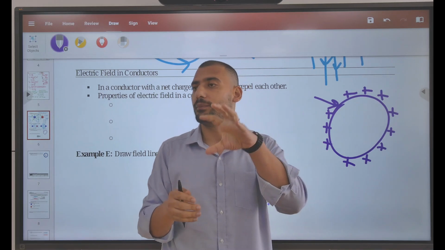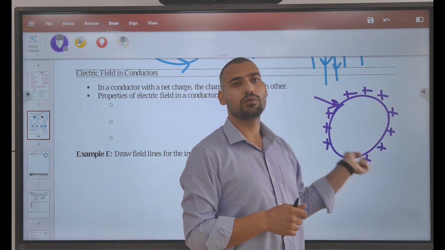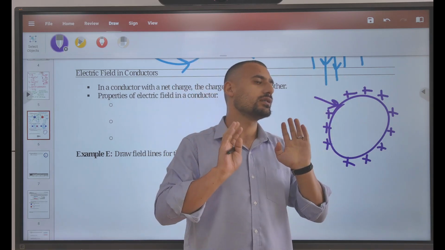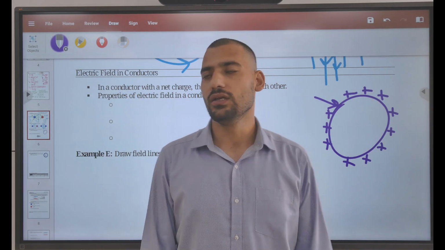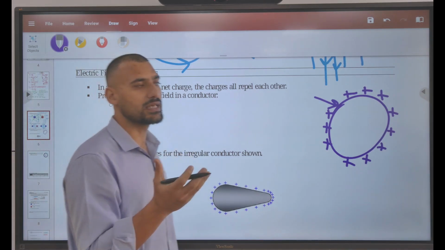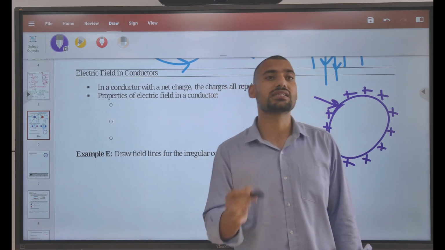So the best possibility is to keep the charges on the surface, because on the surface we have more surface area, and therefore the charges can be kept at the maximum possible distance. Is that fine? So remember, the first important thing about the charges that you're giving to conductors is that all the charges reside on the surface.